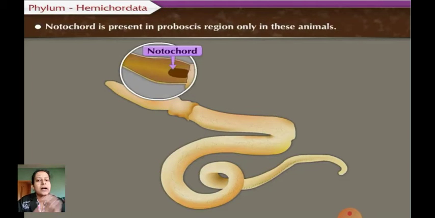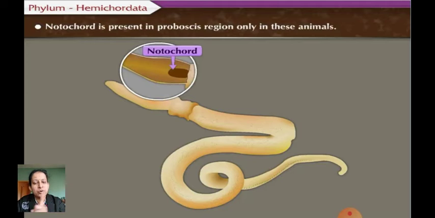And then in this case notochord is present, but it is not present throughout the entire length of the hemichordates, only in the proboscis part. Therefore, since it contains notochord in some part whereas the other part doesn't, it is in between chordate and non-chordate.